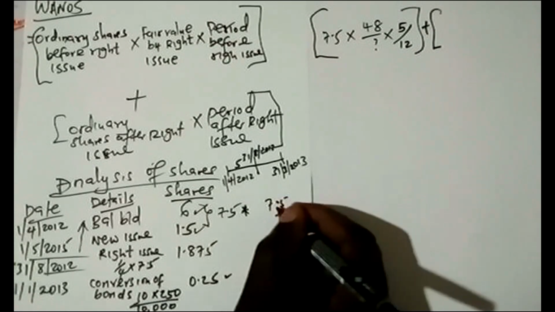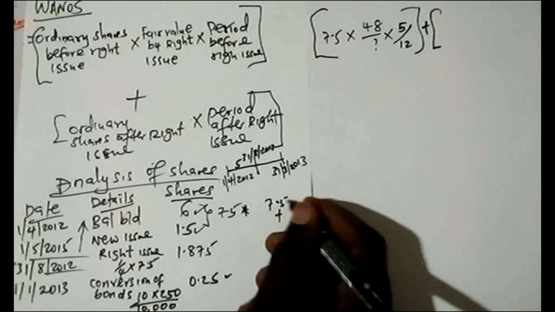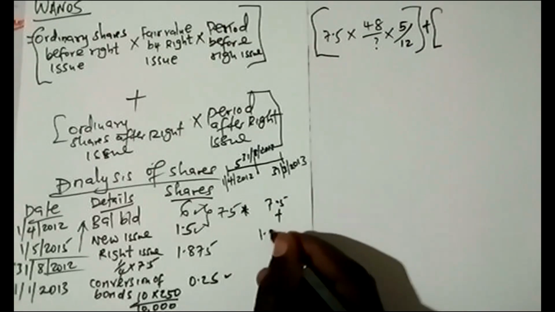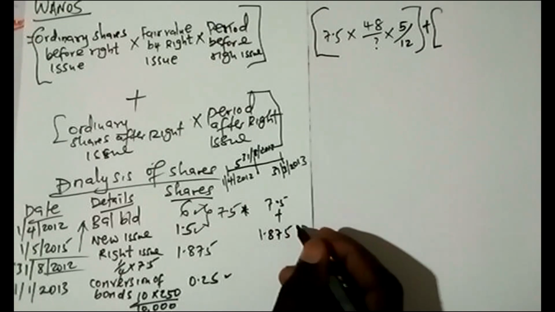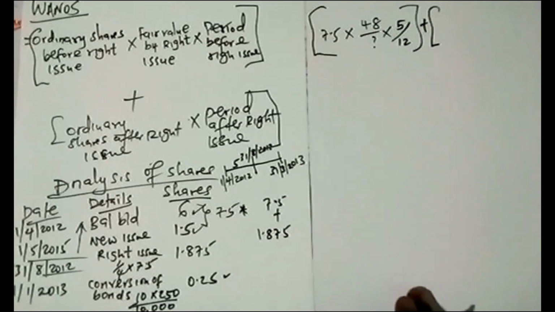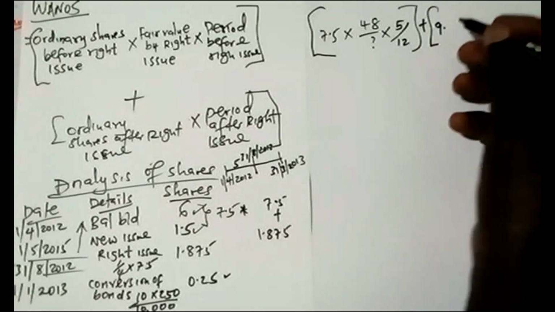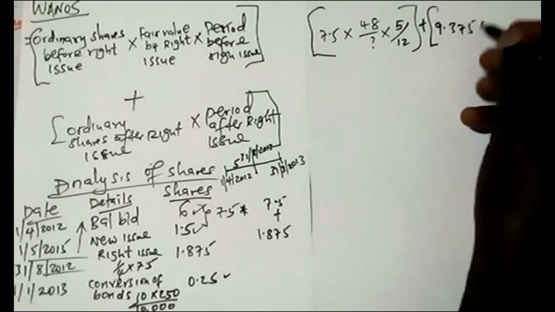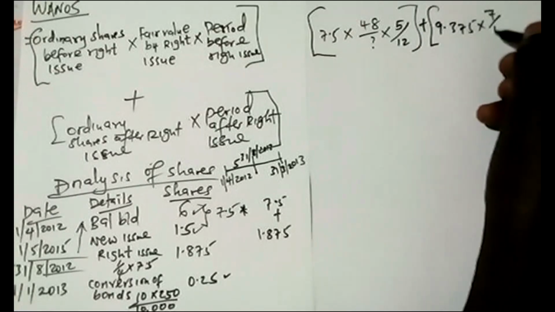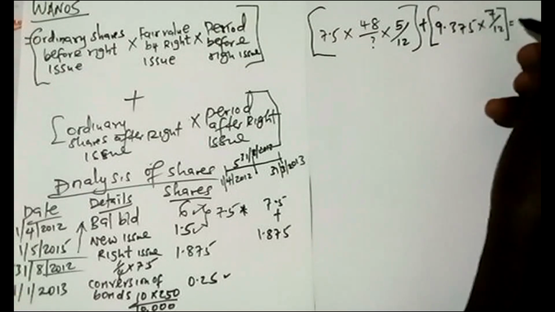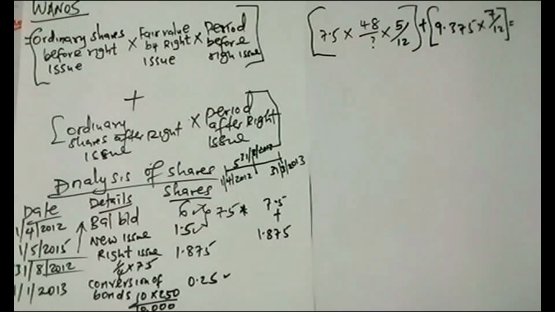So it's the 7.5 plus the shares they issued when they made the rights issue, the 1.875. So you pick 7.5 plus 1.875, that is 9.375. Then the period after is 7 over 12.